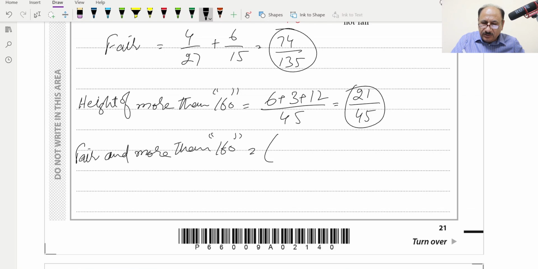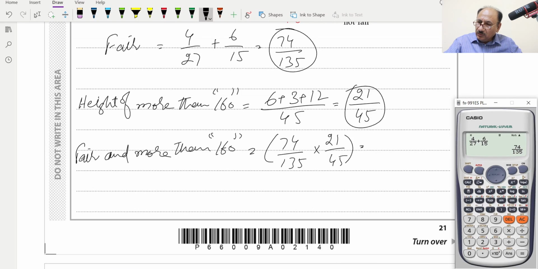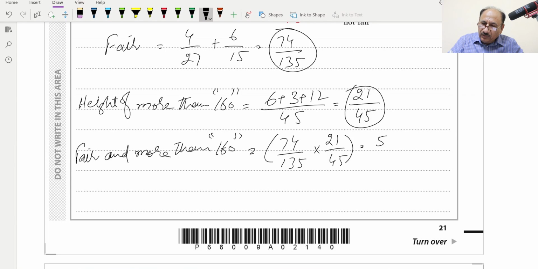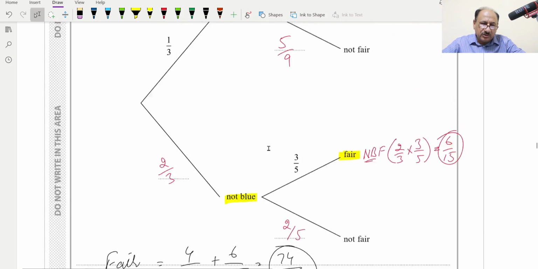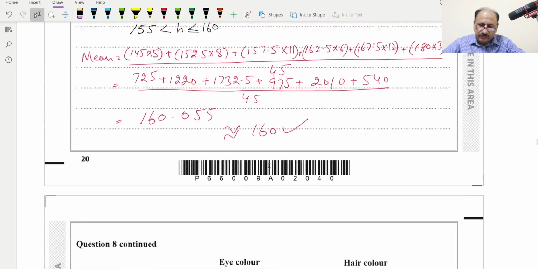We will multiply 74 over 135 into 21 over 45, and this will be equal to 518 over 2025. So 518 over 2025, this will be the probability for this one. Hopefully you understood this. We are done with all the parts of this question.